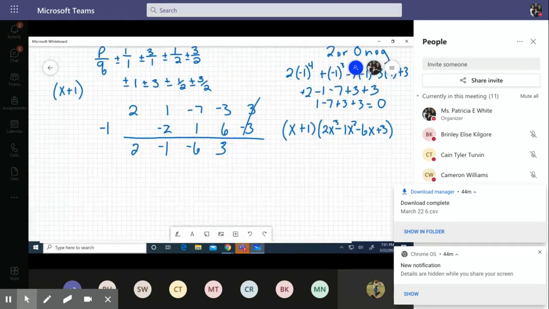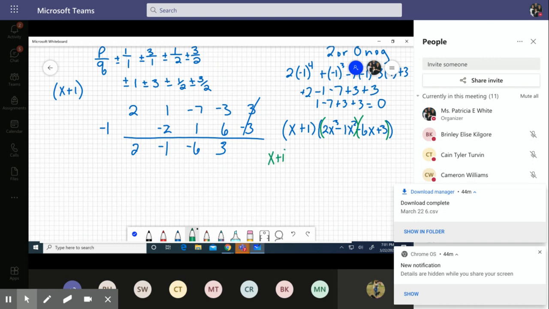Could I group those up? There's a lot of similarities there. I'm going to leave my x plus 1. What could I factor out of 2x to the third minus x squared? X squared? If I took out x squared, I'd have 2x minus 1, wouldn't I? What about negative 6 plus 3?